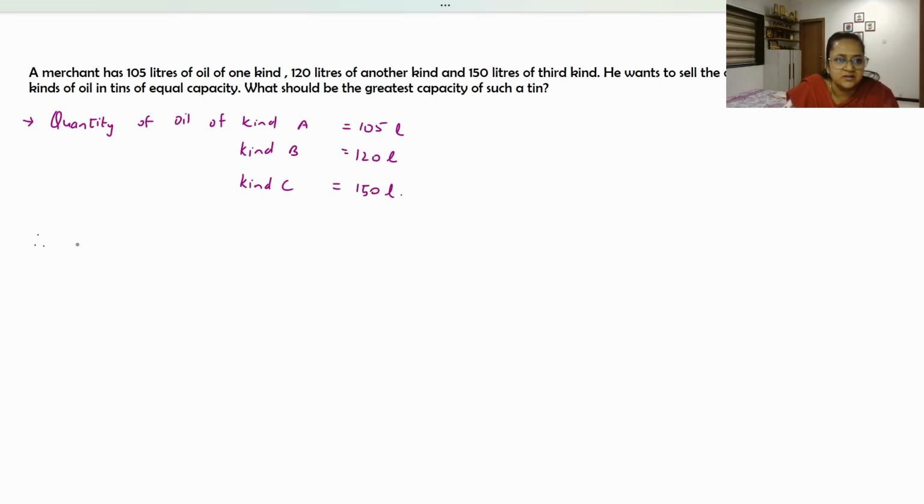Distribution, so we'll write here the greatest capacity. The greatest capacity of the tin will be HCF of 105, 120 and 150.